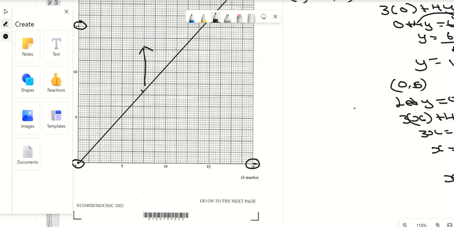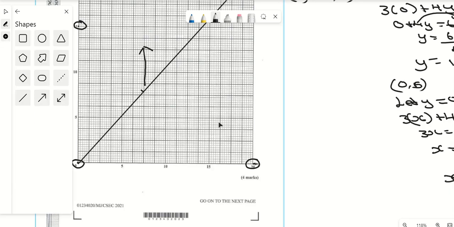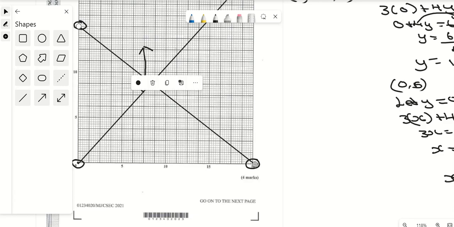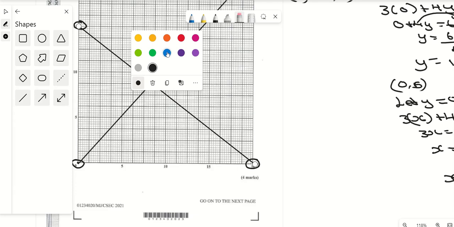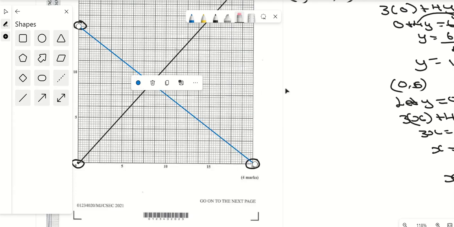I'll make this into a different color. Draw a line right here. So let's color this line so we can see it. So this one I'll put in blue and the next one is in black.